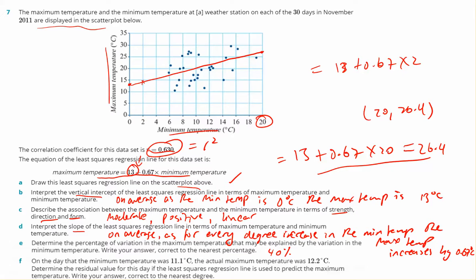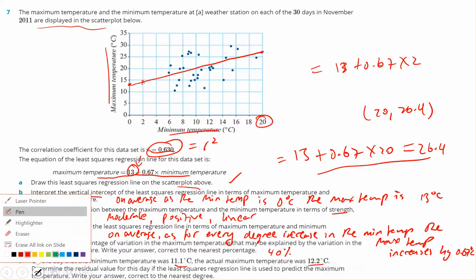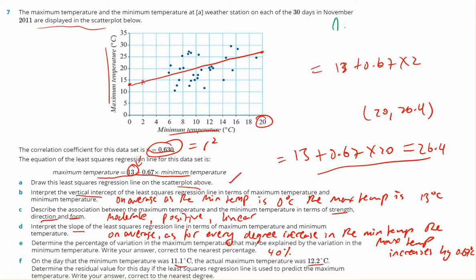On the day the minimum temperature was 11.1, the actual maximum temperature was 12.2. Determine the residual value. Residuals, you must remember, are actual minus predicted. Predicted is from your regression line. Actual is the number they give you.